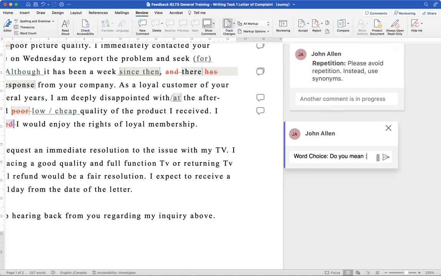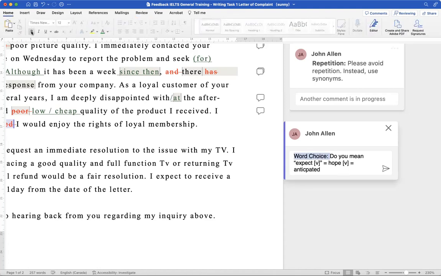Expect is like hope. It's a verb. It's like hope. Or you can say anticipate. I anticipated. I hoped. I expected. Okay. These are the right words for this context.